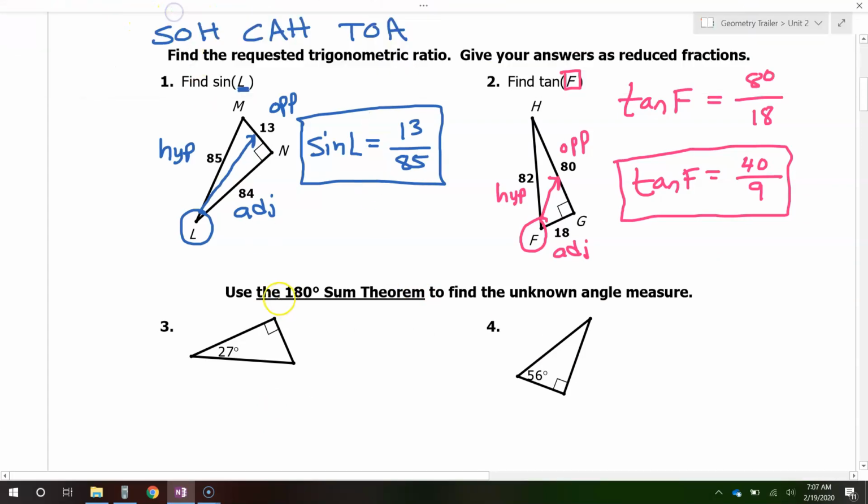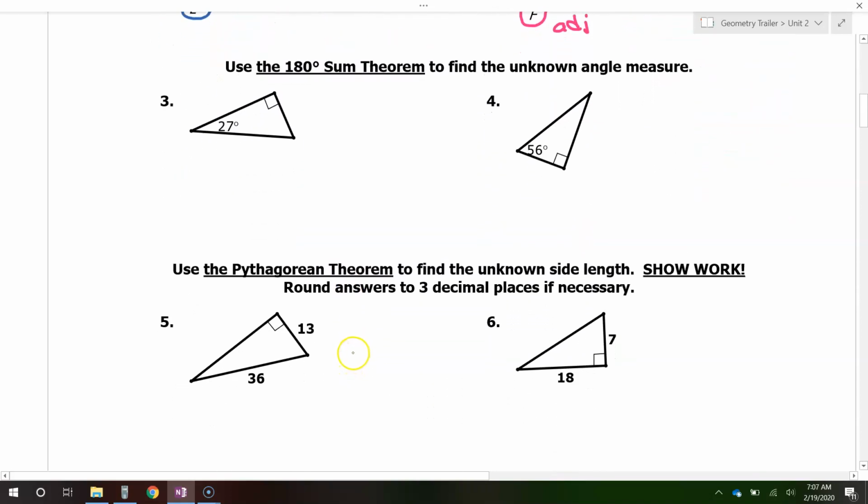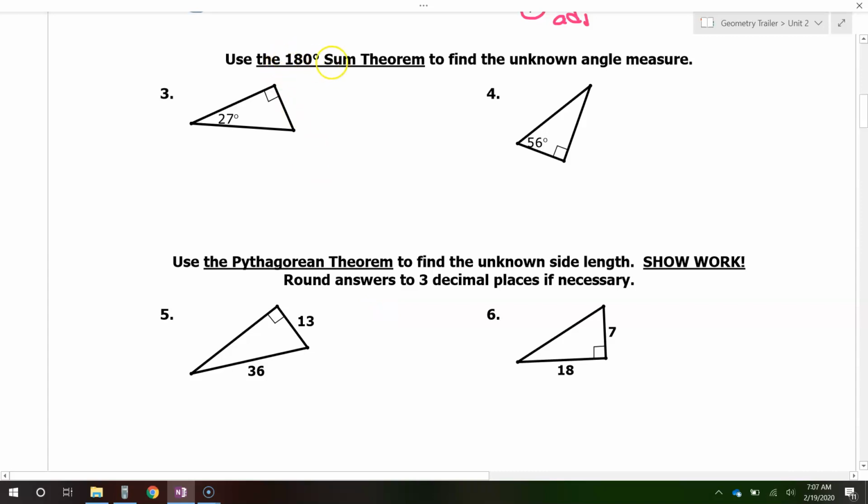Okay, switching gears a little bit. So now we're using the fact that the sum of the angles in a triangle is 180 degrees. But when we have right triangles, we can do even better than that, and we can realize that the two acute angles have to add up to 90 degrees.